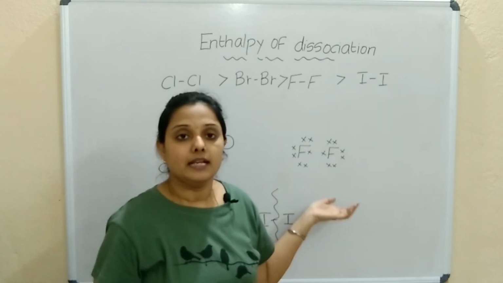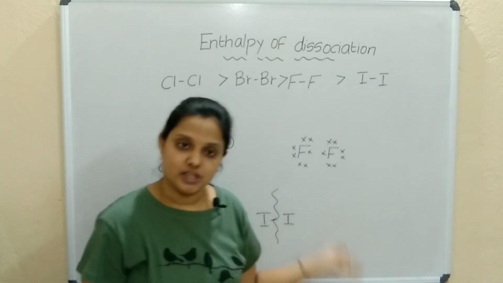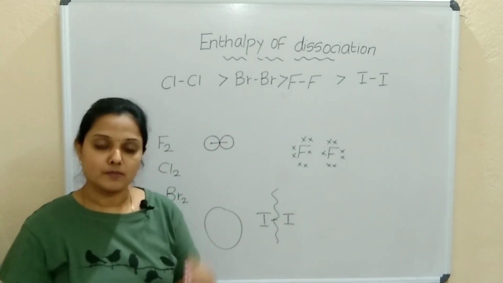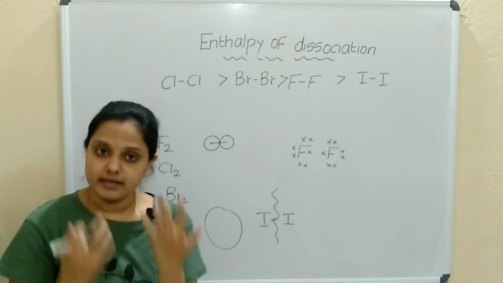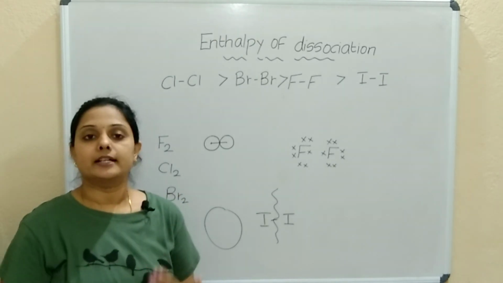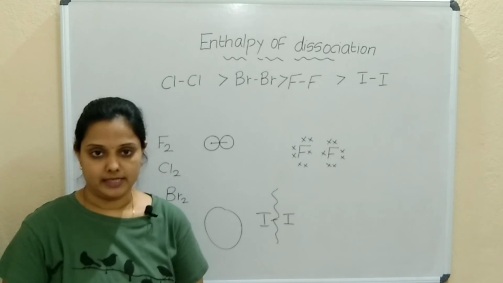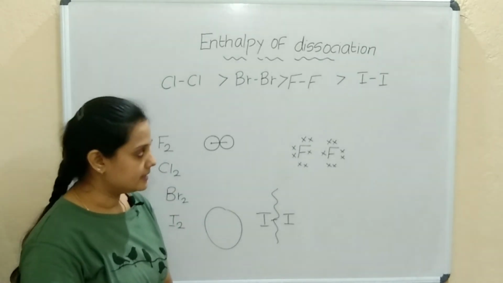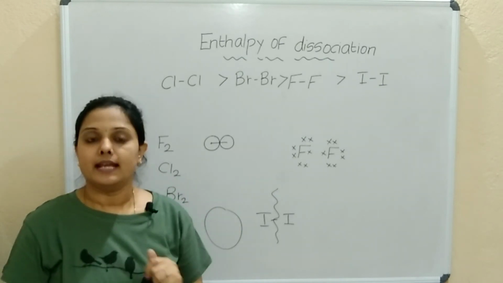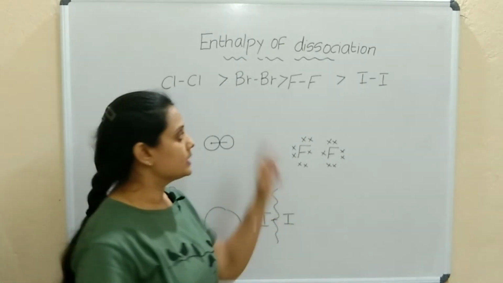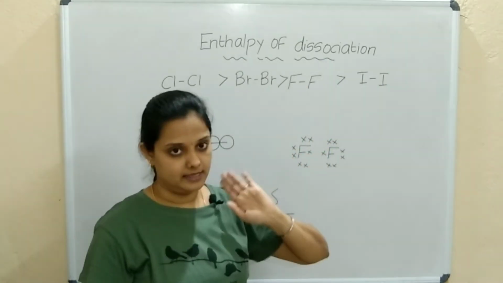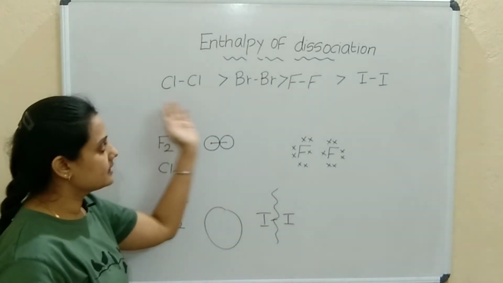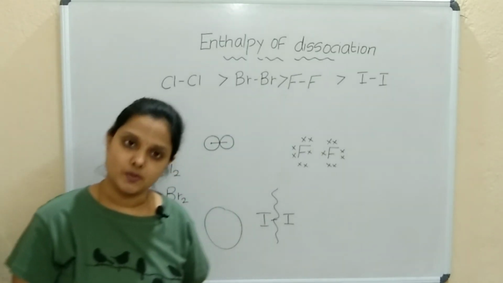Because of the electronic repulsions. Size is small, electron density is more, electronic repulsions take place. So because of this reason, the enthalpy of dissociation of fluorine is between Br and I. So this is the order of enthalpy of dissociation.